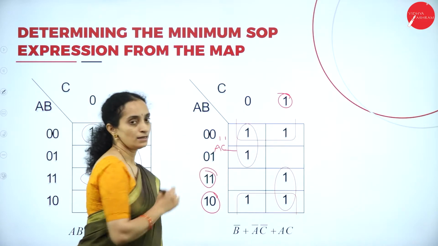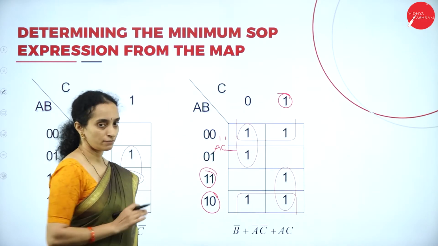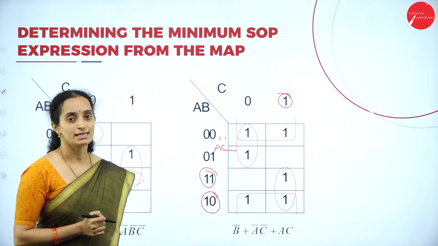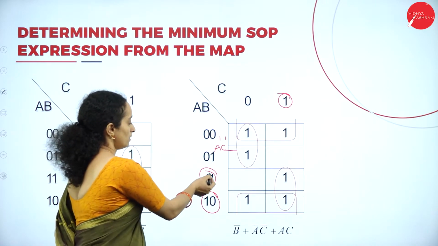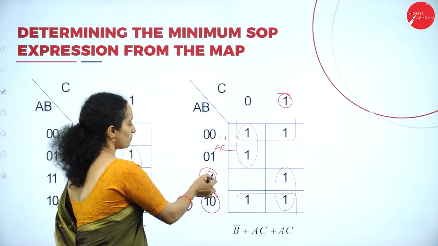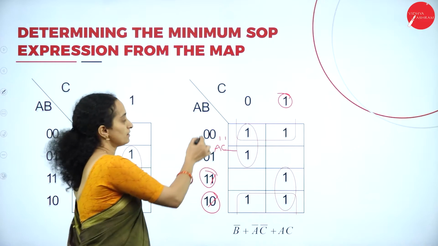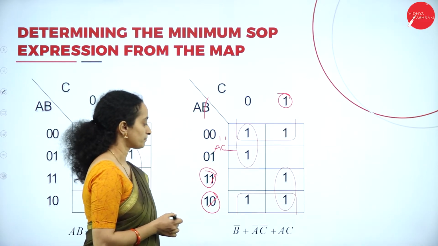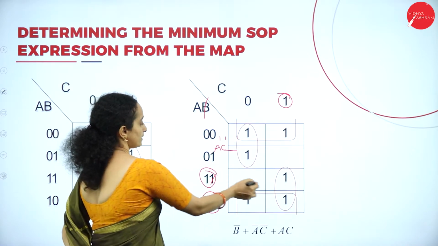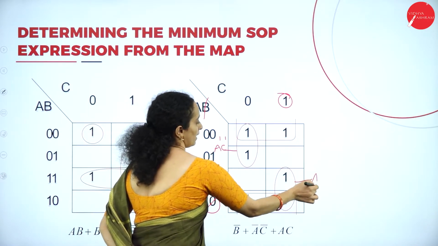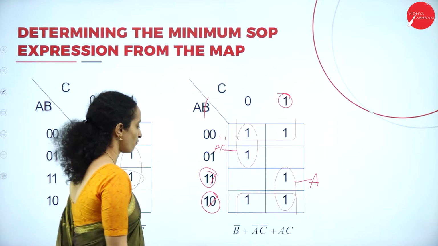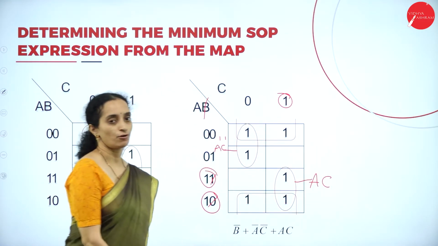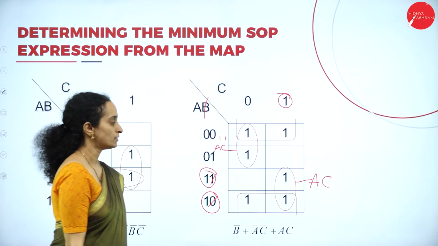A is in the non-complement form. It will be kept as it is. Whereas variable B is changing the values, non-complement and complement form. So this will be cancelled. Variable B will be cancelled. Now we have the expression A in non-complement form and C in non-complement form. This will be A into C.